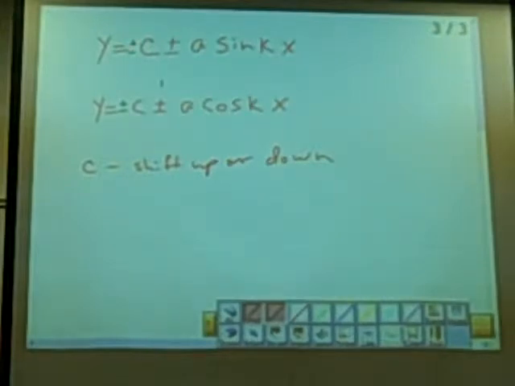Now this plus or minus here, in front of the sine or cosine, what does that do? Expands or shrinks. Right, yeah. It does expand or shrink, but it also does what? Reflects about the x-axis.